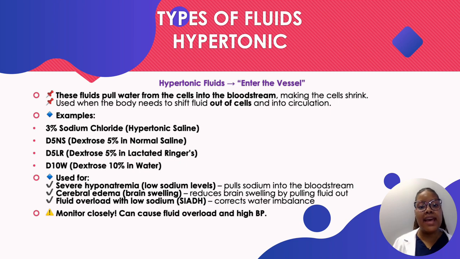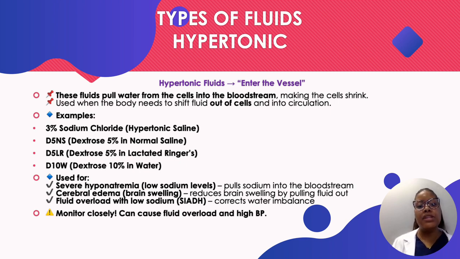So examples of that are going to be your 3% sodium chloride. You can also have hypertonic solutions such as D5 normal saline, and then we can have D5LR, and then we could have D10W. So this is going to be used for patients who have severe hyponatremia, because it pulls sodium into the bloodstream.